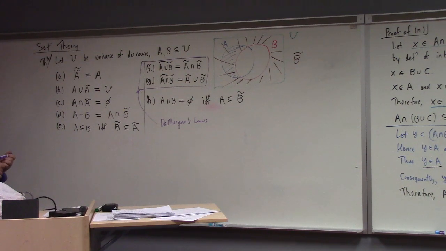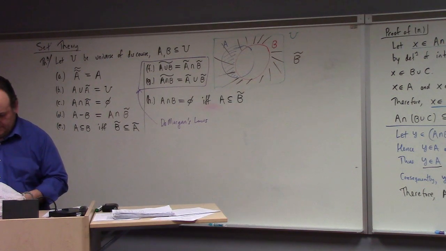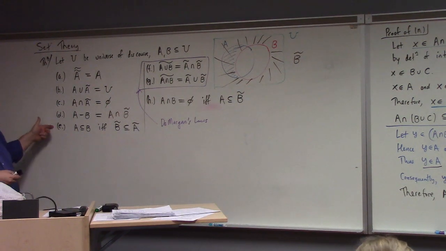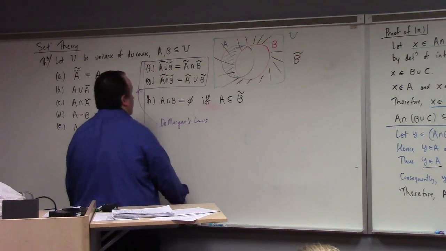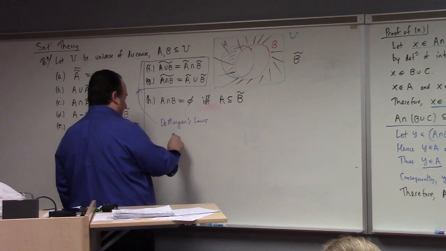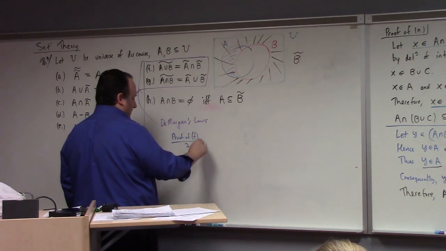All right. The proof of part E is problem 33 in your homework for what it's worth. Let's see if we can prove, let's talk about half of the proof of F. Half of it, all right?